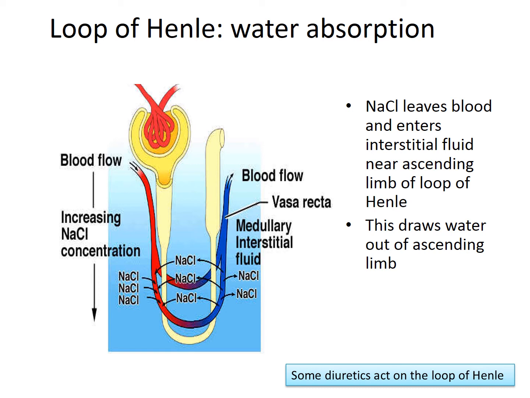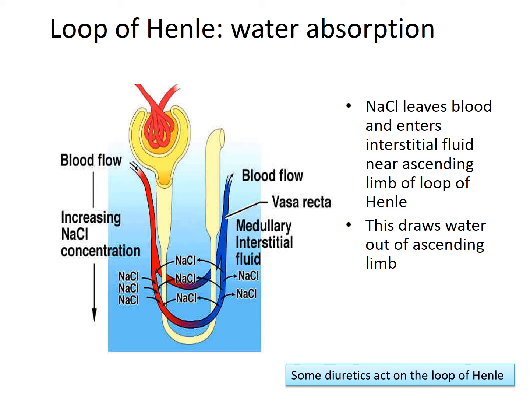So these diuretics are going to help the patient produce more urine, which removes water from the bloodstream. And there are a number of conditions where it's advisable to reduce either the blood volume or to remove water from interstitial fluid, so hypertension and edema. So some diuretics are going to act on the loop of Henle.